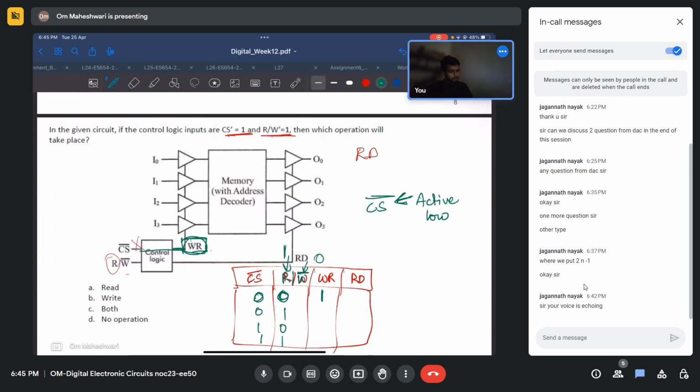Here write will happen because CS bar will also output write. So write will happen, read will not happen. Again write will happen and read will also happen. Here only read will happen, write will not happen.